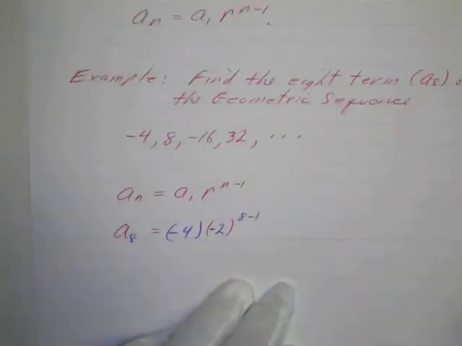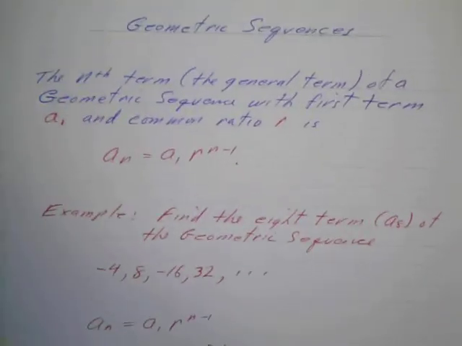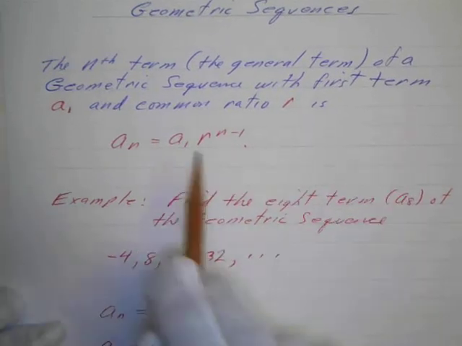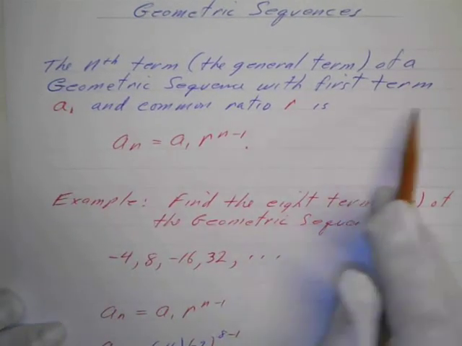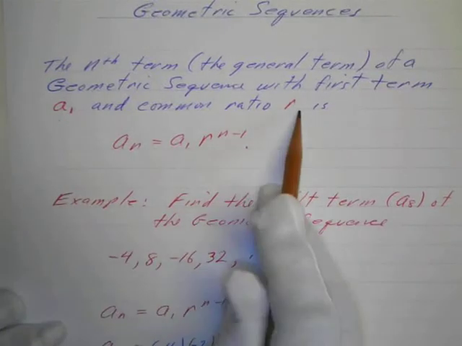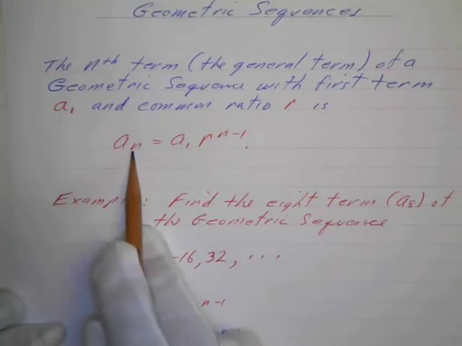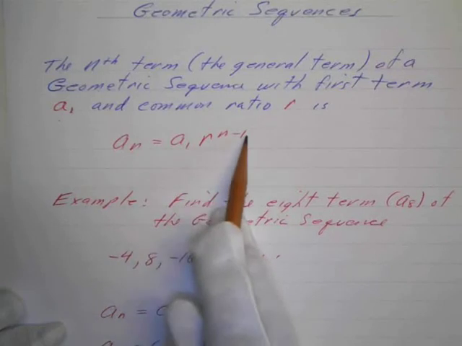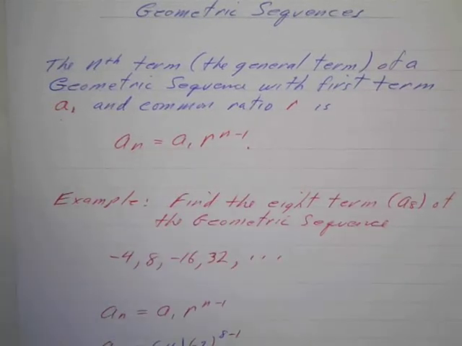That makes sense. The nth term, or the general term, of a geometric sequence with first term a sub 1 and common ratio R is just a sub n equals a sub 1 times R to the n minus 1. So we multiply n minus 1 times to get the nth term.